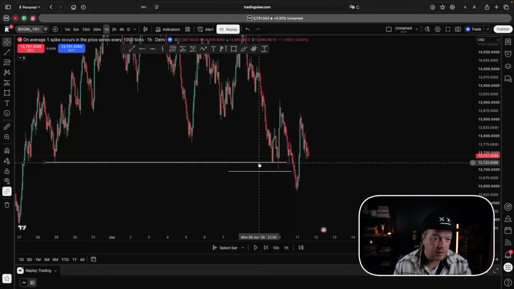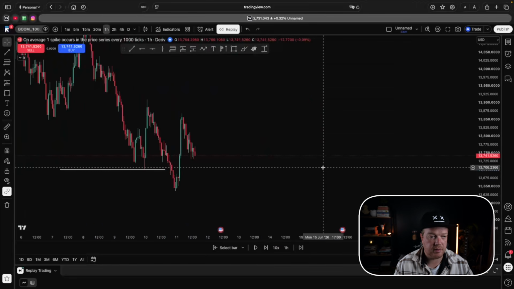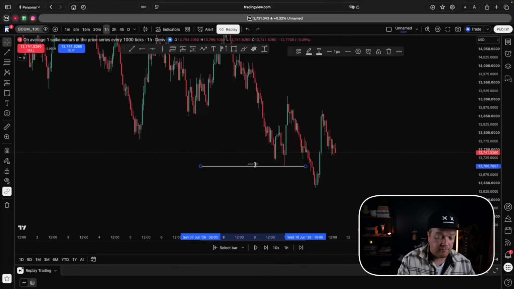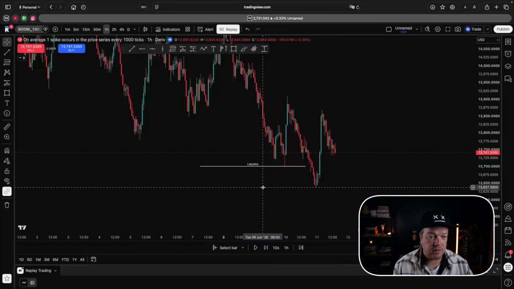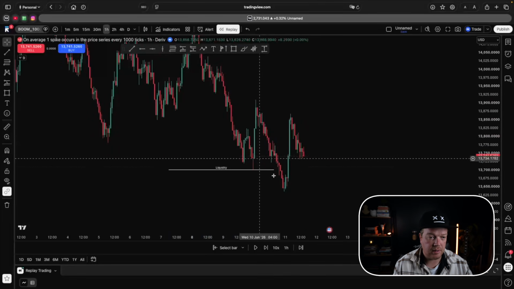So to make this cleaner, I'm going to draw out the last low that has been taken, okay? So this is the liquidity sweep. Remember, on the higher time frame, we are inside of that zone, right? On that 50% zone. So now, where's the high of this leg that created this low, right?